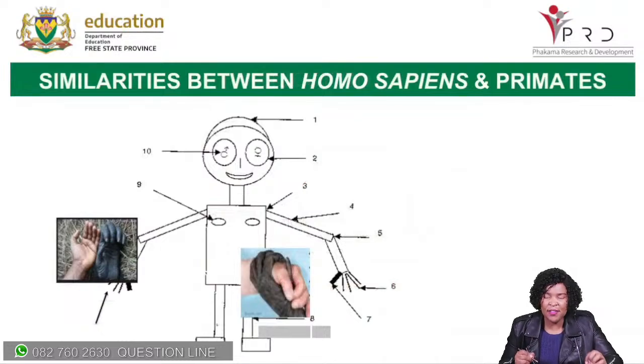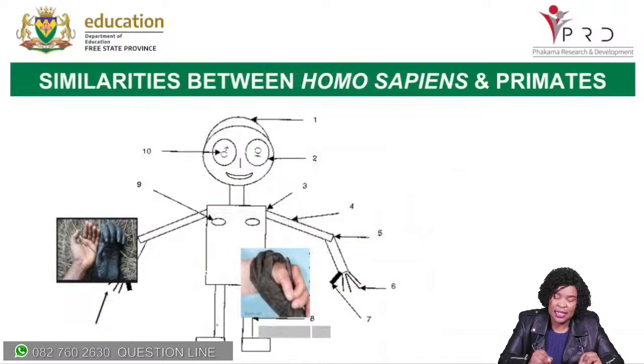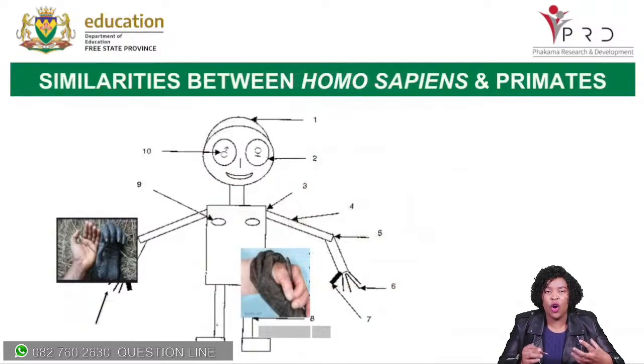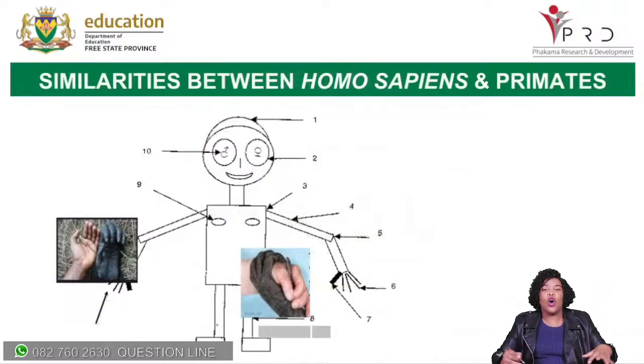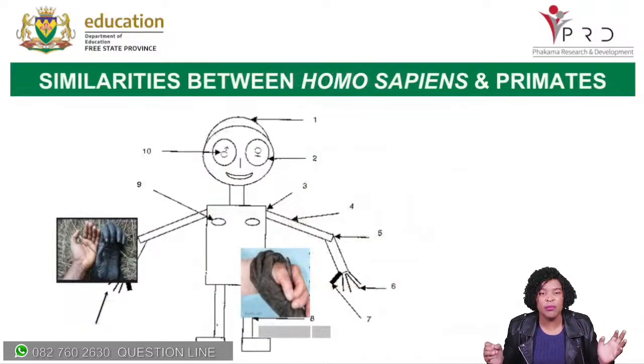Every time you are asked about the similarities, remember this diagram, because all your answers are there. If you don't remember this diagram, use your own body, from the head to the toe. Just go and list all those in an exam room. Try to remember using your own body.